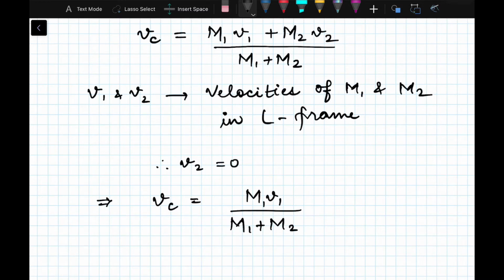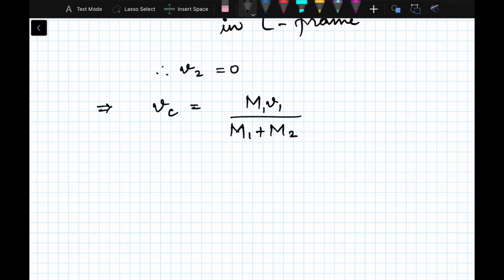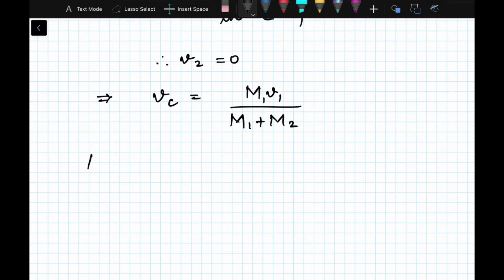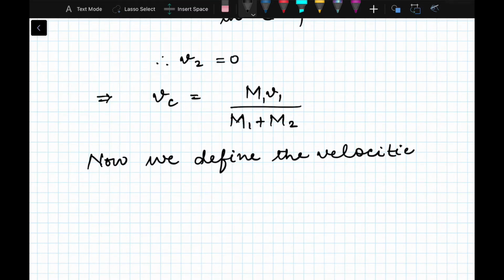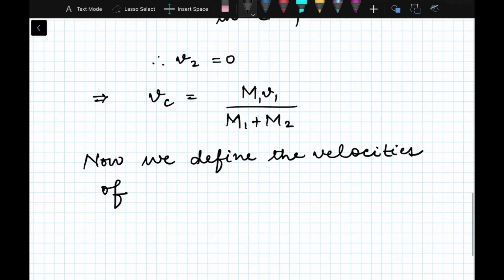Now we define the velocities of masses m1 and m2 in the C system.